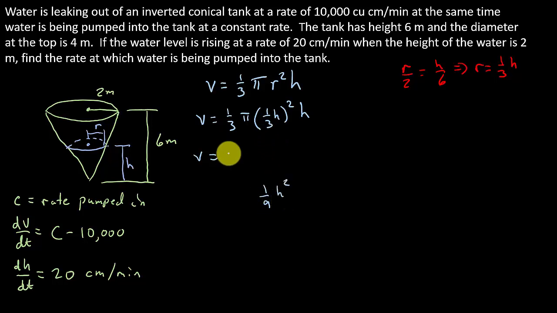So if I multiply it, that's going to give me 1/27 pi, and then H squared times H is H cubed.